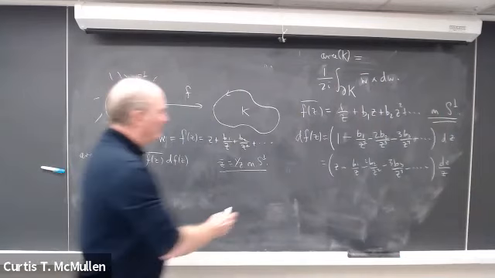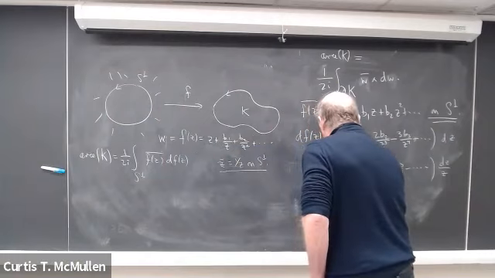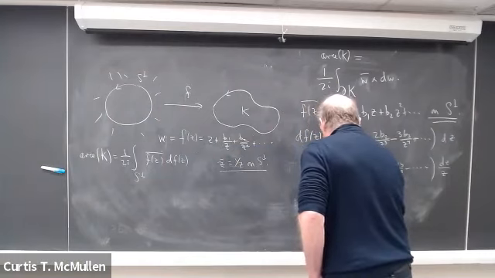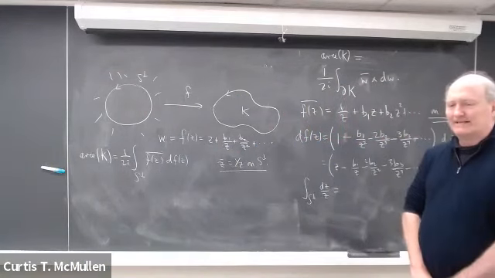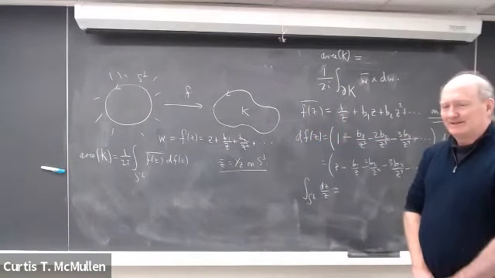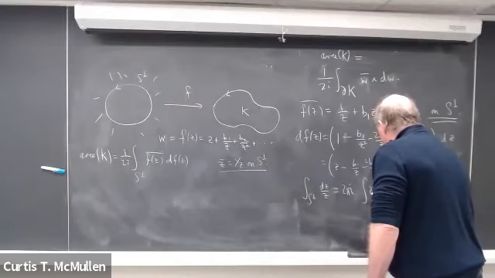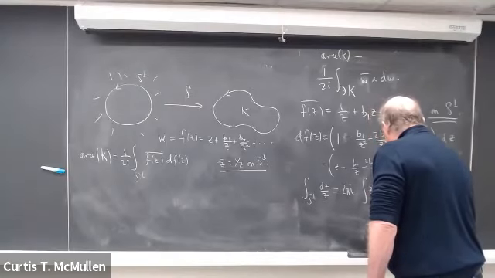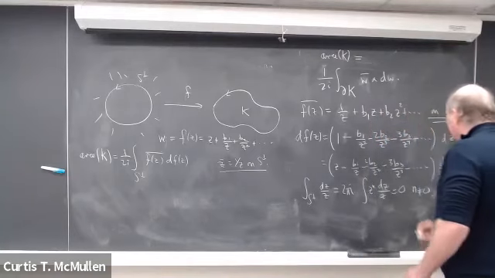But let me remind you of something. What is the integral over the circle of dz over z? Who can tell me? This is the simplest instance of the residue theorem. 2 pi i. Right, this is 2 pi i. And if you integrate z to the n dz over the circle, you just get 0 if n is not equal to 0.